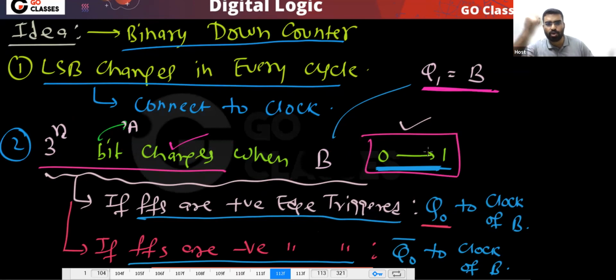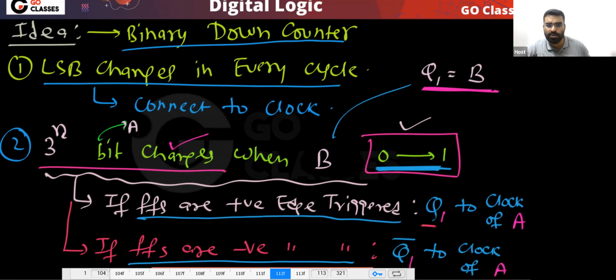If you have positive edge triggered flip-flops, you can connect this Q1 directly to the clock of A. Similarly, if flip-flops are negative edge triggered, you can connect this Q1 bar to the clock of A.